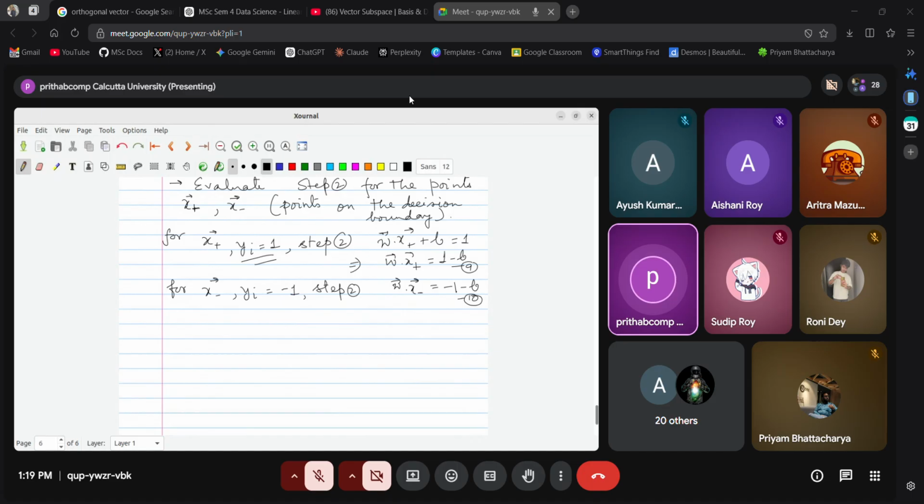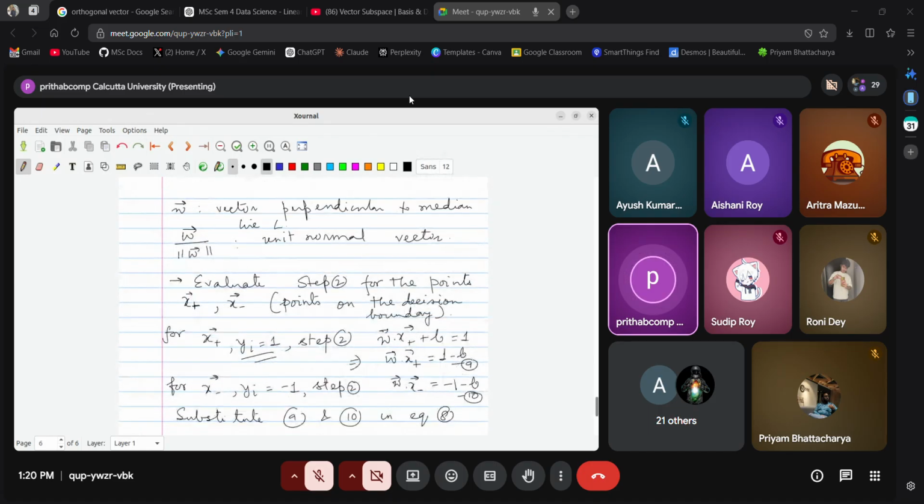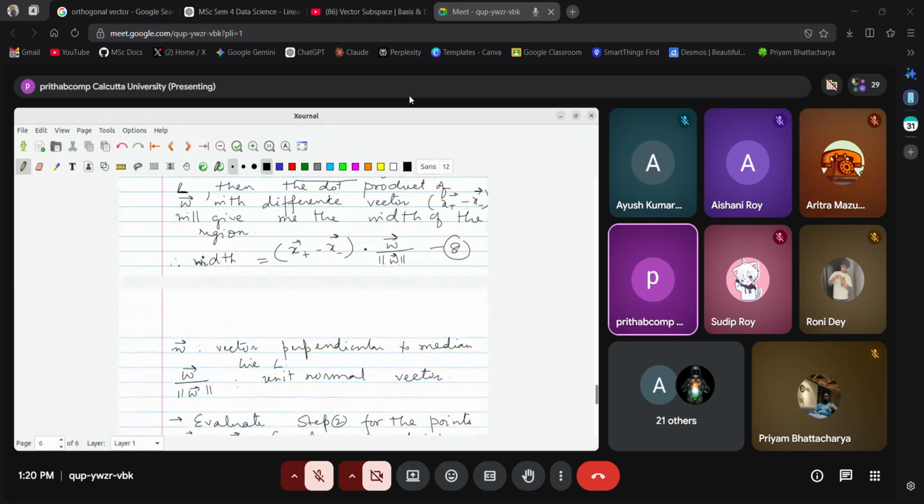So now we will substitute these values in that width equation. So substitute this 9 and 10 in equation 8. So equation 8, let's go back to equation 8. Equation 8 is the expression for width. Okay.